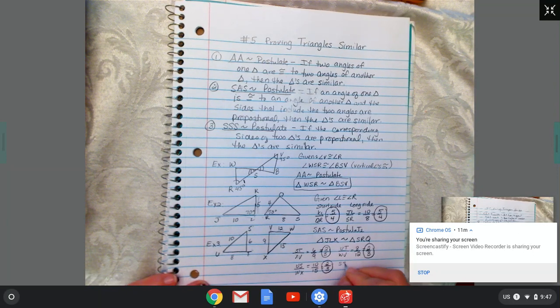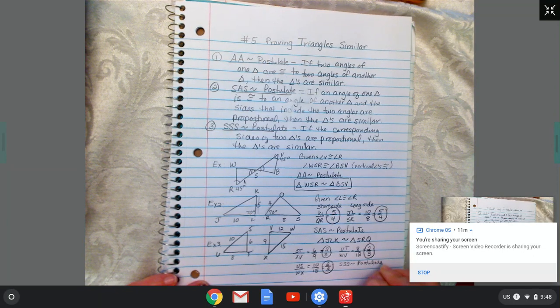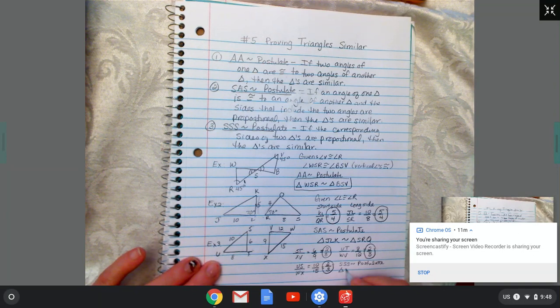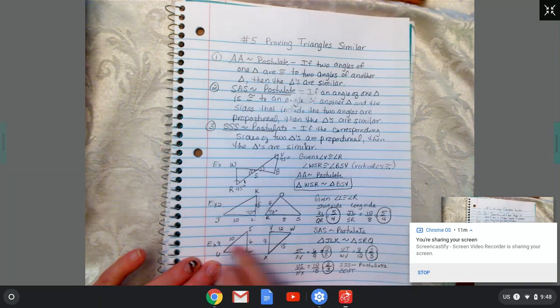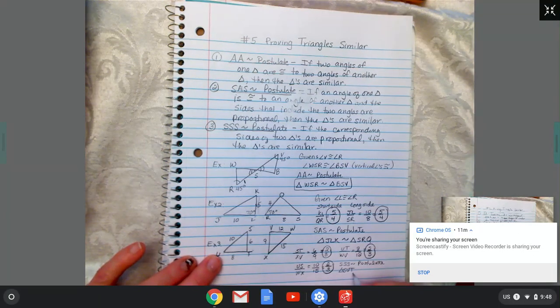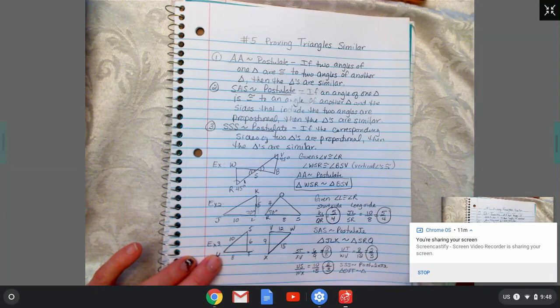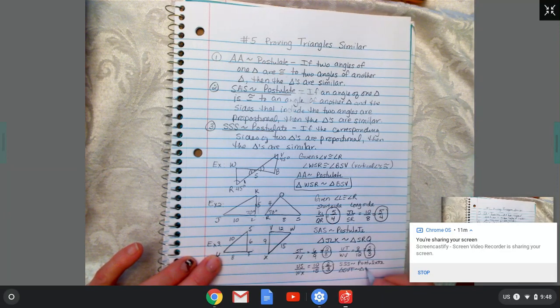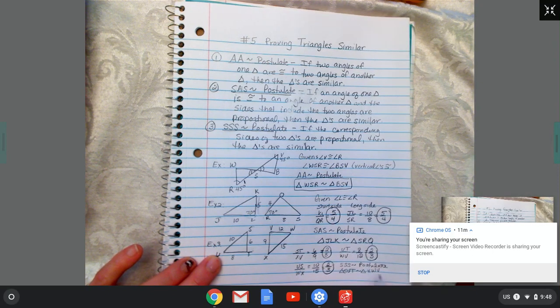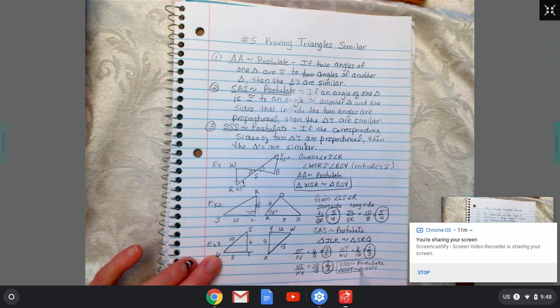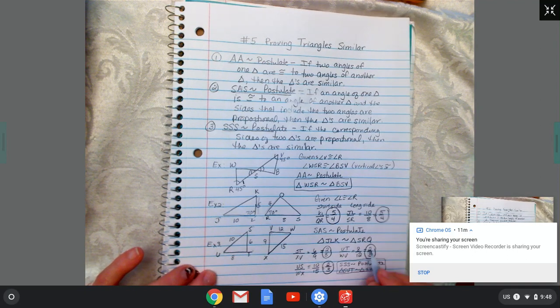So I have the side, side, side similarity postulate, and we can give a statement: triangle SUT is similar to triangle XWV by side, side, side. And if they ask for the similarity ratio or the scale factor, it's 2/3.